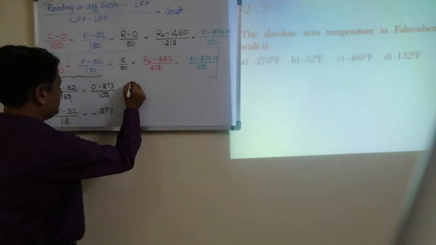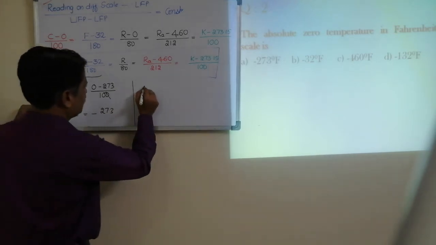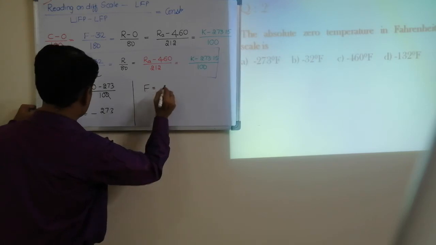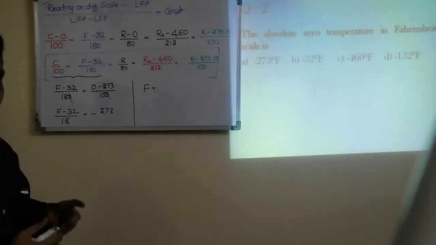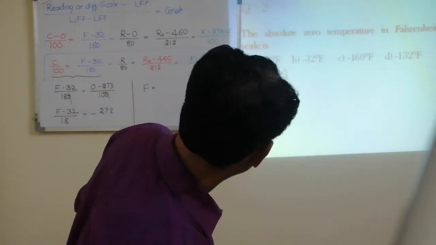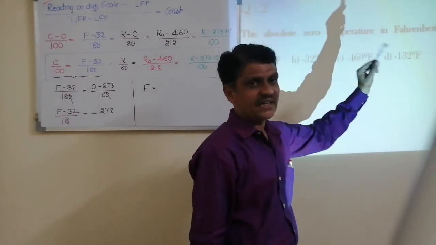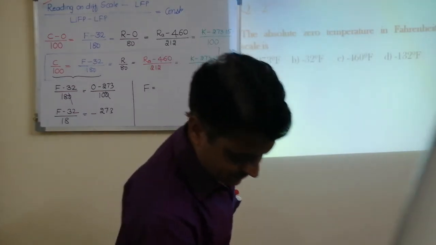And cross multiply, you get your answer. Can you do it? F is equal to, simplify. Pause the screen and find the answer. So the answer is C. That is minus 460 degrees Fahrenheit is the answer.